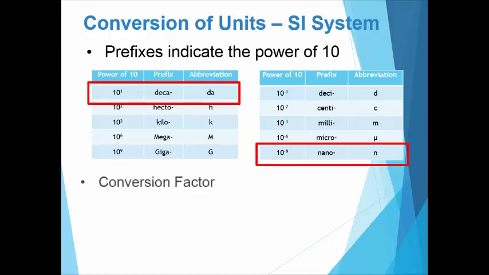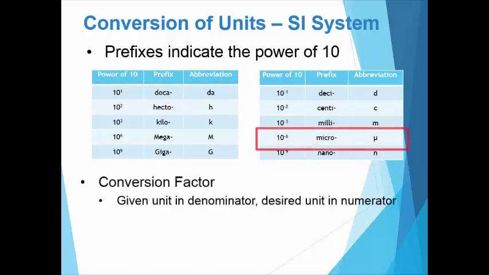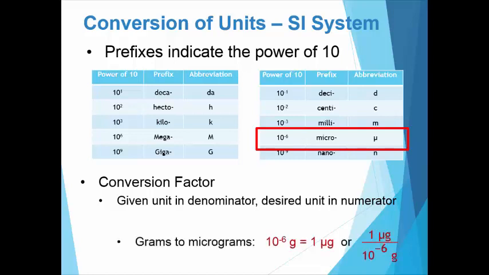All right. So what do we do about conversion factors when we're talking about the SI system? Remember what a conversion factor is: given unit in the denominator, desired unit in the numerator. So I want to convert grams to micrograms. So what have we got? I've got 10 to the negative 6 grams is equal to 1 microgram.